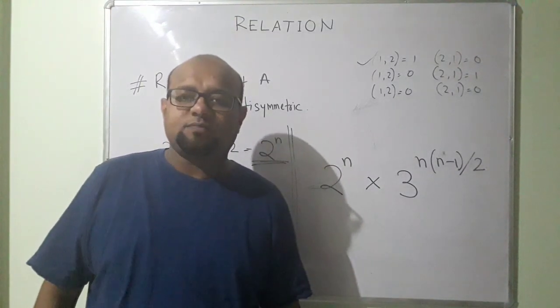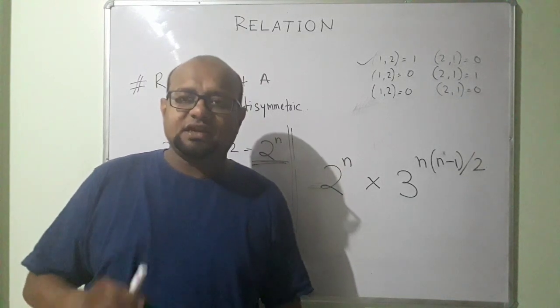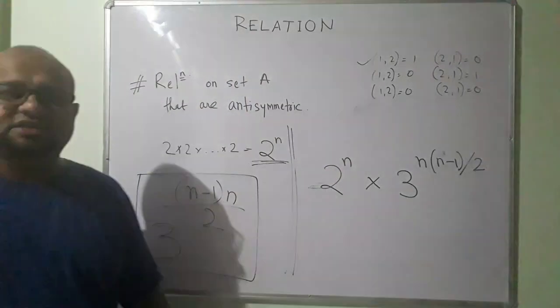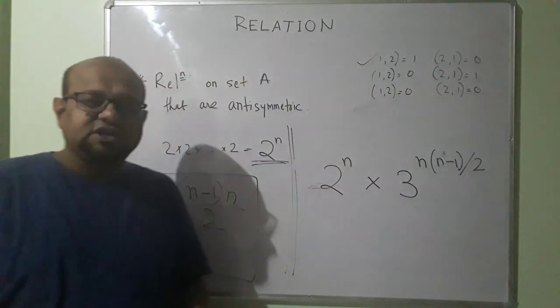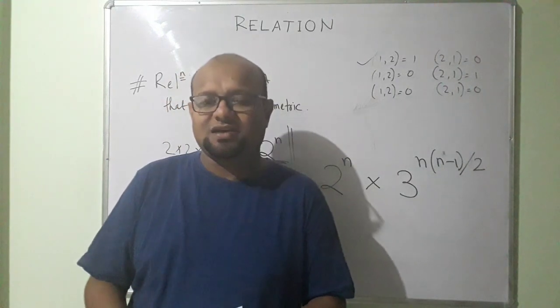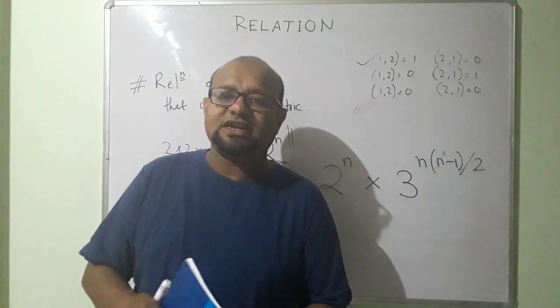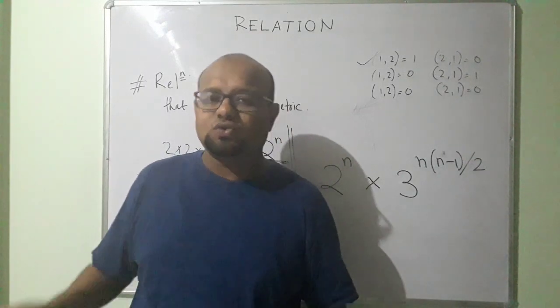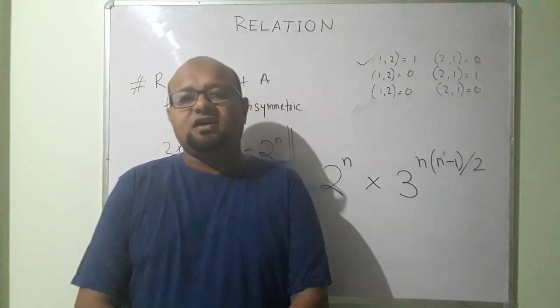So this many relations are possible on a set with n elements that are antisymmetric. The relation is antisymmetric. So this many ways. I hope you understood this. This was the most complex thing. Now apart from this, there is transitive, but transitive is beyond the course. There is no such beautiful formula for transitive.